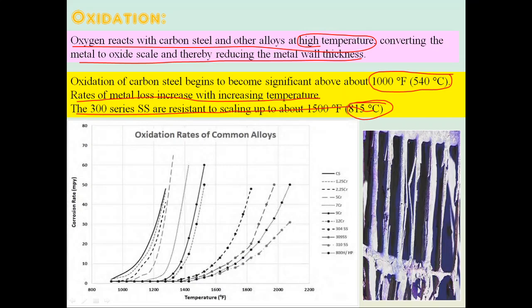Now this is a very important graph where we can see the oxidation rate of the common alloys, meaning the corrosion rate versus the temperature of common alloys.